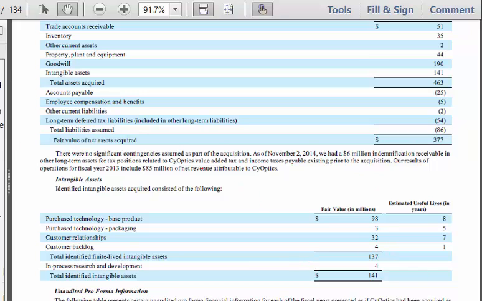So here's one thing that addresses actually your question, Youssef. There were no significant contingencies assumed as part of this acquisition. As of November 2014, we had 6 million indemnification receivable and other long-term assets for tax positions related to Synoptic's value-added tax and income taxes payable existing prior to the acquisition. So remember that thing we were talking about?